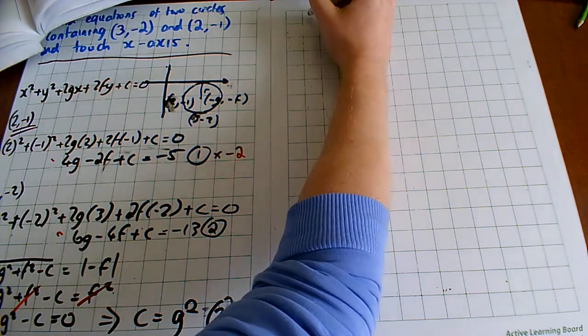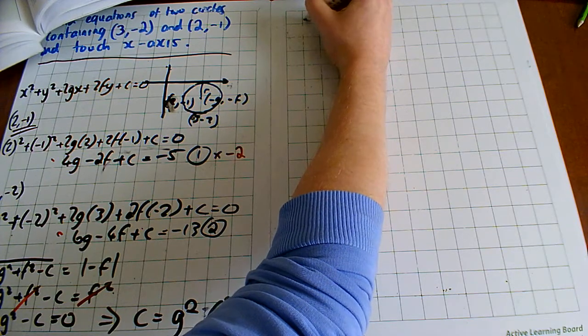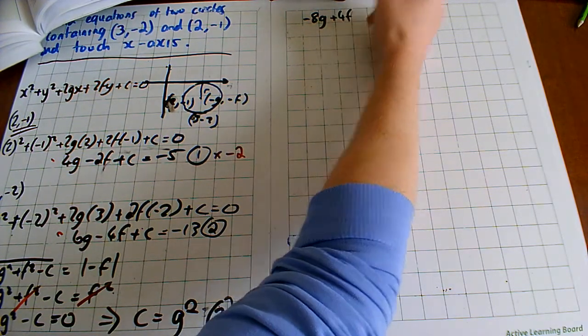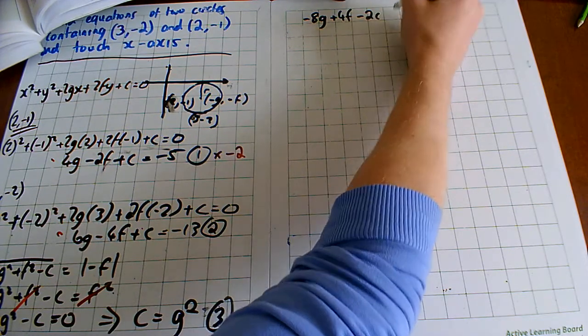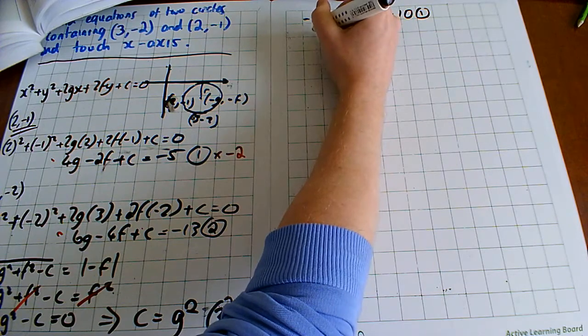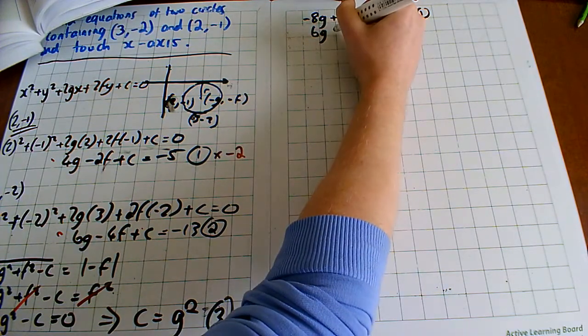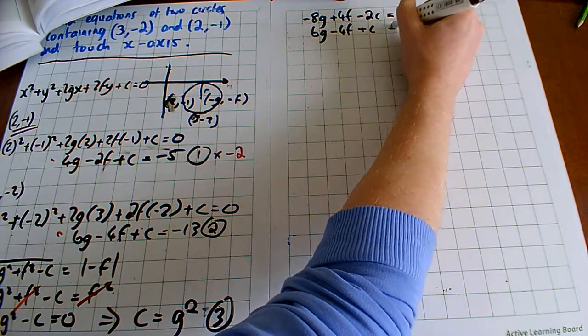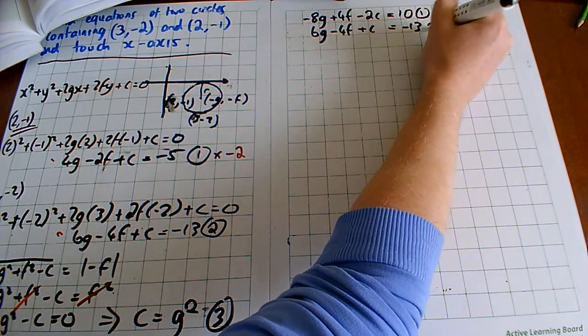So it's going to be minus 8g plus 4f minus 2c equals 10. That's number 1. And my second one stays the same: 6g minus 4f plus c equals minus 13. That's number 2.